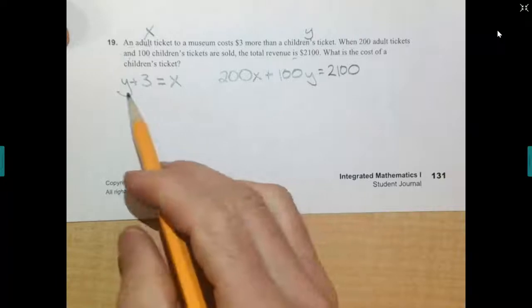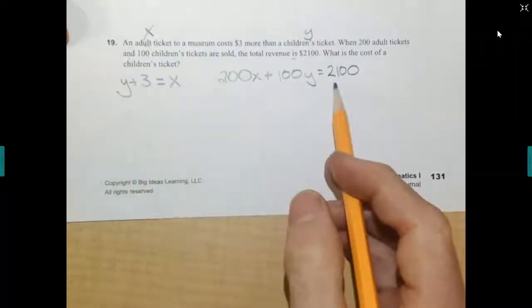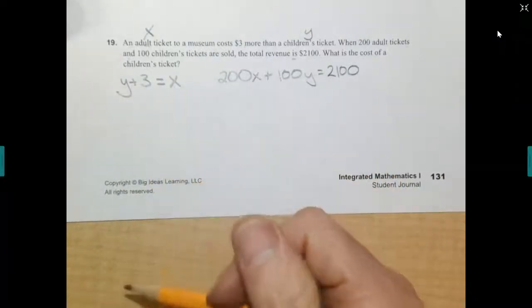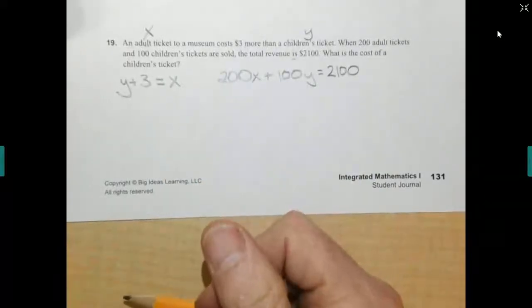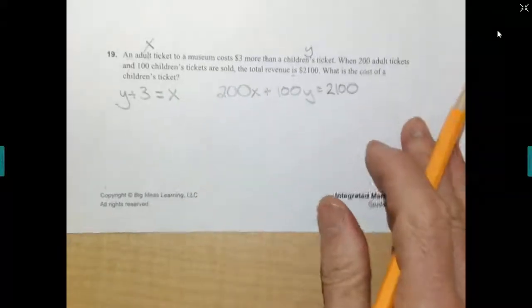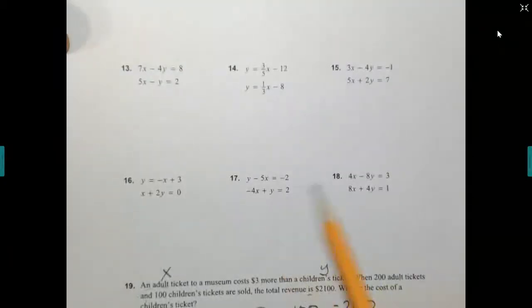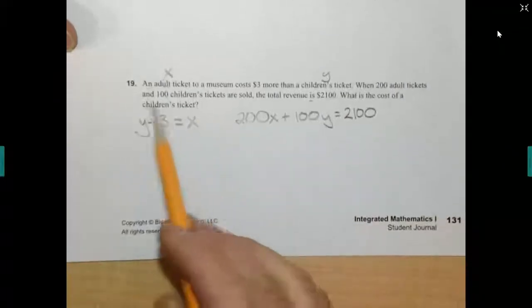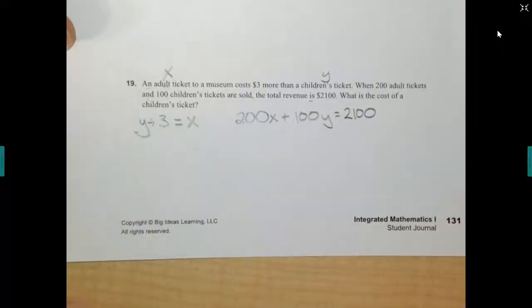Okay, well, we have two variables in this one, and two variables in this one, so neither one of these equations we can solve on our own. However, we just solved several problems with substitution, where we're able to substitute into our equation, so then we're left with only one variable. So go ahead and solve number 19 also.